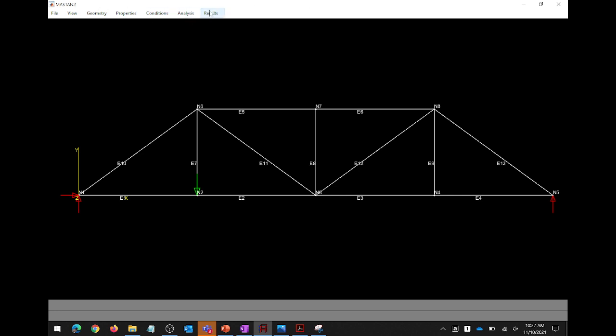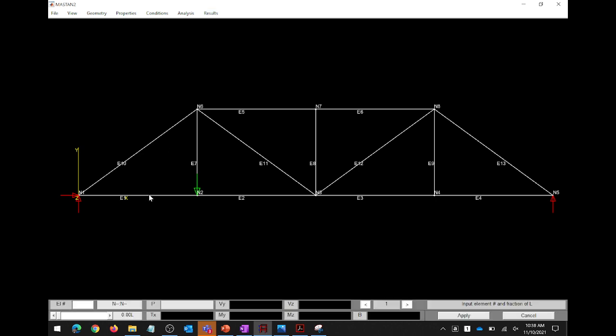So let's go to results, element forces. Now let's see. So for this element right here, it's saying the force is 1. For this diagonal, it's saying 0.4167.